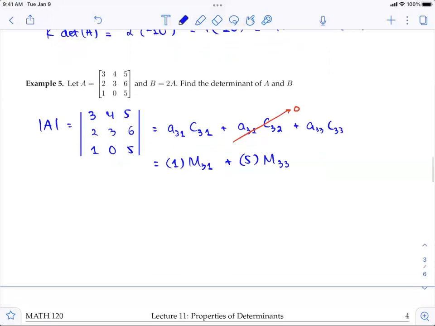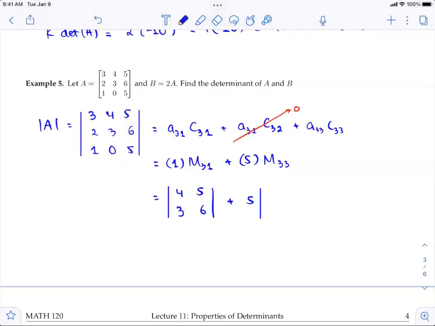So M31 is equal to 1 times... Right, so we're going to choose this entry, delete the corresponding column and the corresponding row. You're left with just 4, 5, 3, 6, plus 5 times M33. So choose this entry, delete the corresponding column and the corresponding row.